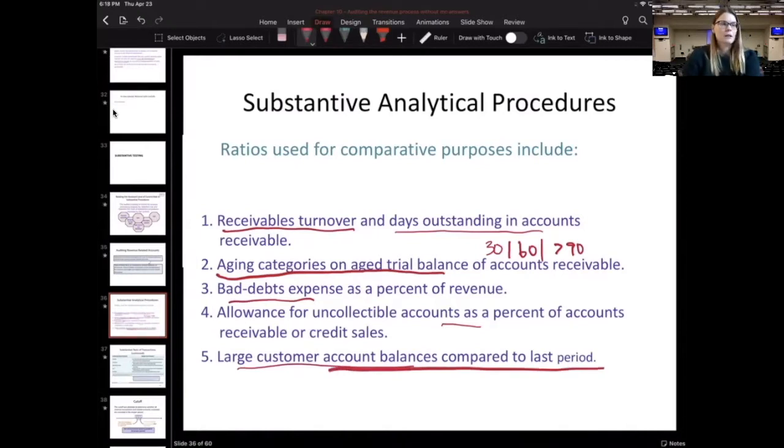So something to think about here is if a company has very large customers that make up a lot of their revenue, they tend to be pretty dependent on them. So if we suddenly see those large customers drop off the face of the earth, right, they're no longer in their AR balance, that would be a pretty concerning sign for us.